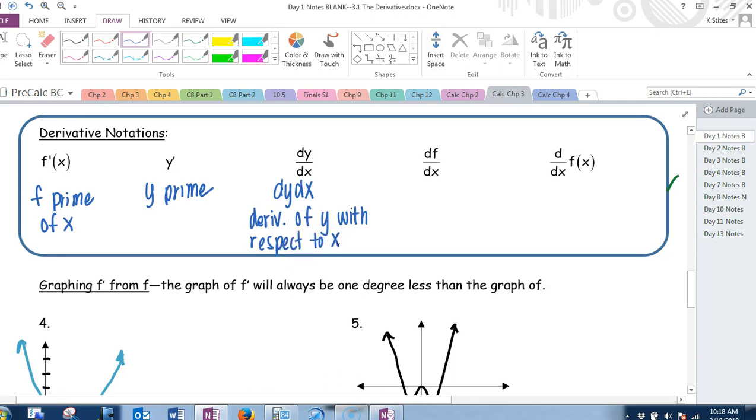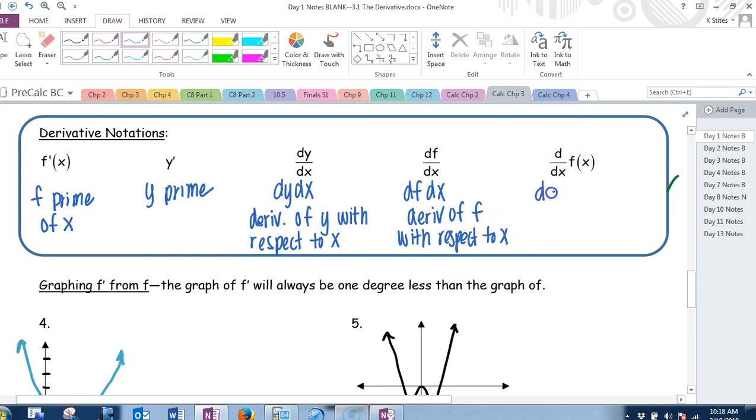Okay, again, all of these are the same thing. This one would be df dx, the derivative of f, meaning f of x, with respect to x. Okay, you could say it either of those ways. And then this one is especially fun.